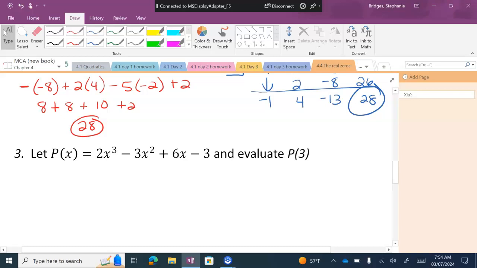You can plug it in or you can do synthetic division. It's fine. Unless you decide to divide it.